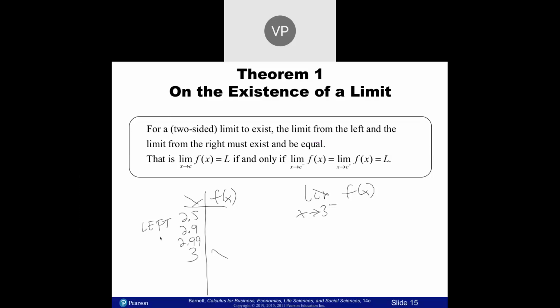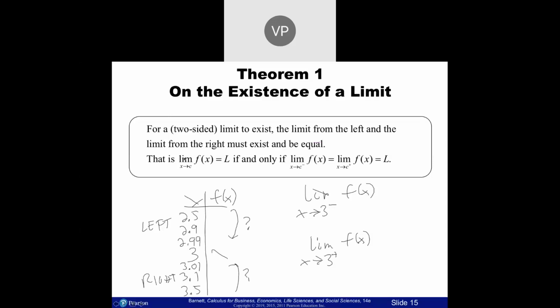That's going to be from the left side. If I'm asking for the limit of a function from the right, that little plus there, then I'm looking at 3.5, 3.1, 3.01. This is the stuff from the right, and we're going to see what the pattern is. What's the pattern right there? That's what they're looking for. So when they say a one-sided limit, they're looking for that plus or minus, and they want to know what you get.